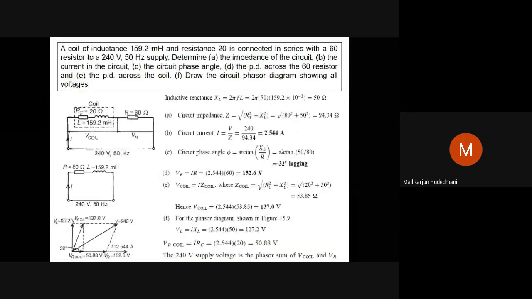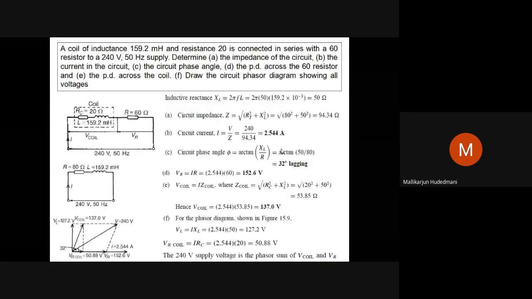Can you see this? A similar problem. A coil of inductance 159.2 millihenry and resistance of 20 ohm is connected in series with a 60 ohm resistor. I have an RL circuit with an external resistor. The supply voltage is 240 V, 50 hertz.